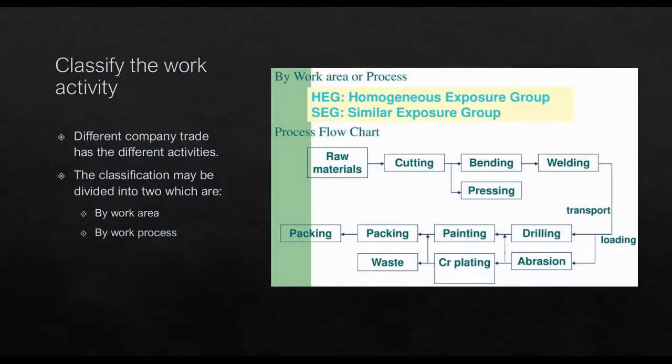About classifying the work activities: different companies and trades have different activities. For example, UTEM, our university, its trade is education, so the activities are about education. What kind of hazard is commonly available in the education field? In the education field, we face a lot of laboratory equipment.